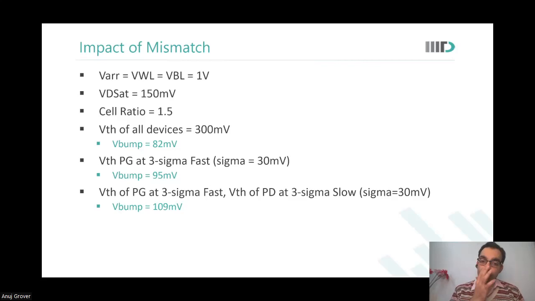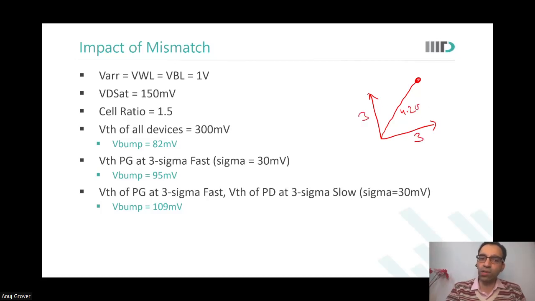And if you have these two variables, pass gate VT and pull down VT, and you say that one is 3 sigma away and the other is 3 sigma away, then in essence you have created a memory cell which is something like 4.2 sigma away.